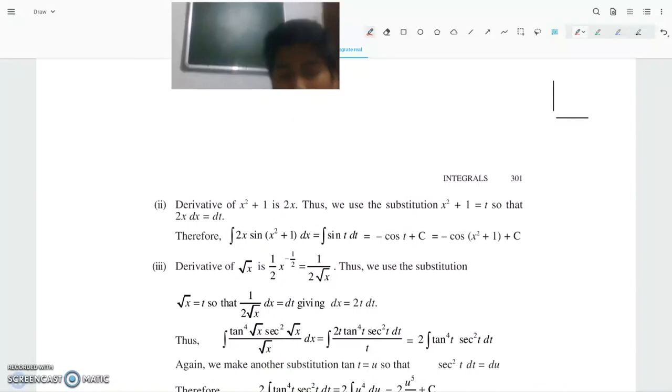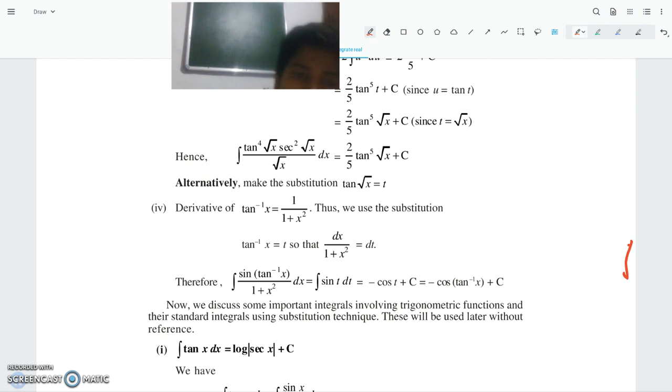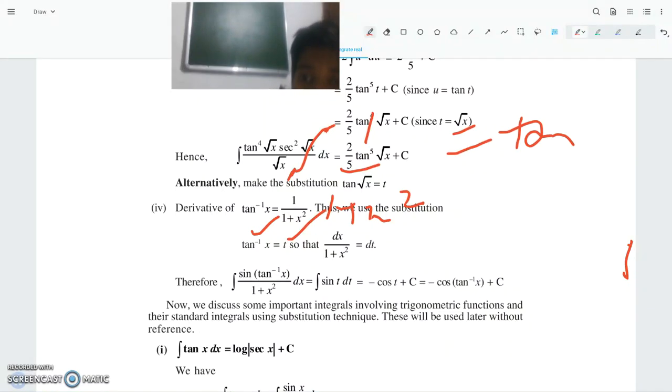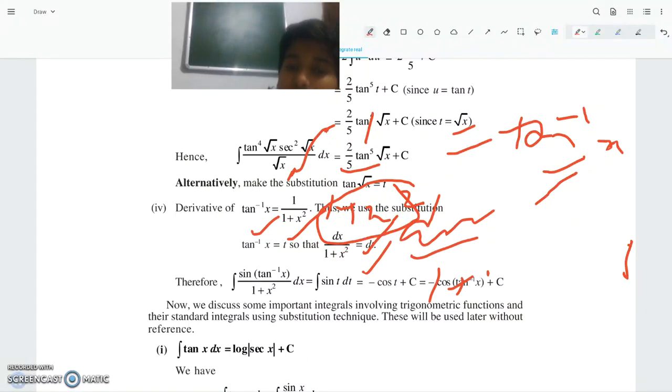Now moving further, that was the first example. Now the derivative of tan inverse x is 1 by 1 plus x square, meaning the integration of 1 by 1 plus x square is tan inverse x. We can solve it by substitution. We take tan inverse x as t, then dx upon 1 plus x square would be dt.